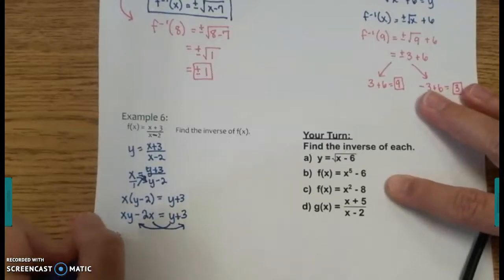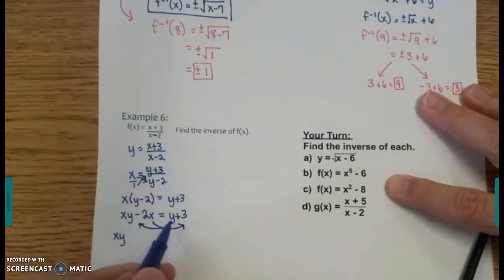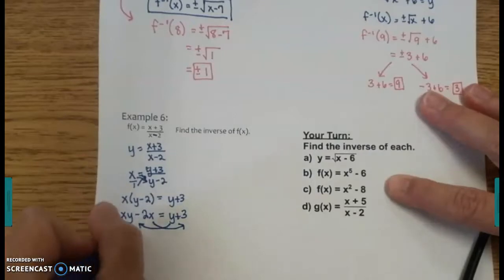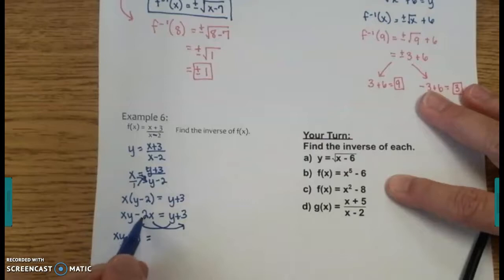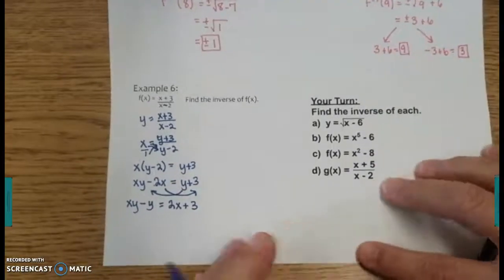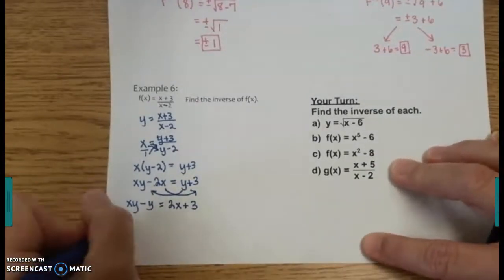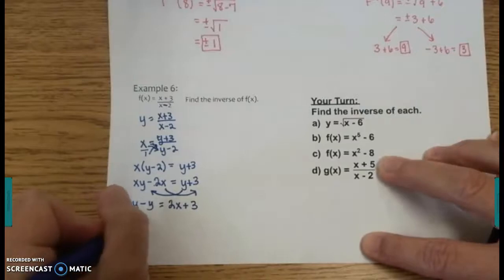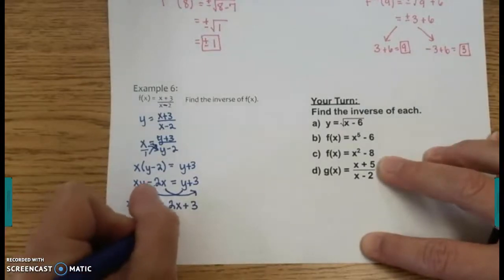So you're going to have xy. If I've got positive y here and I move it over, it's going to say minus y. If I'm going to move this negative 2x to this side, it's going to say positive 2x. Okay? So now I can factor this y out and have x minus 1.